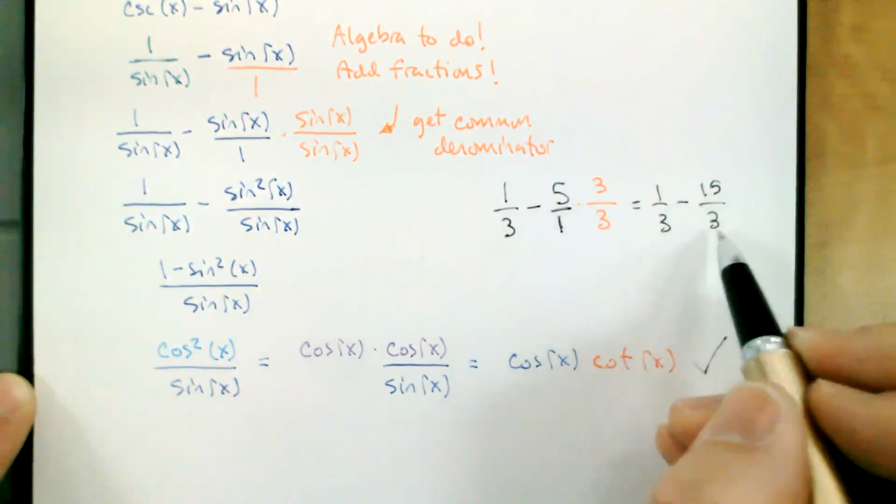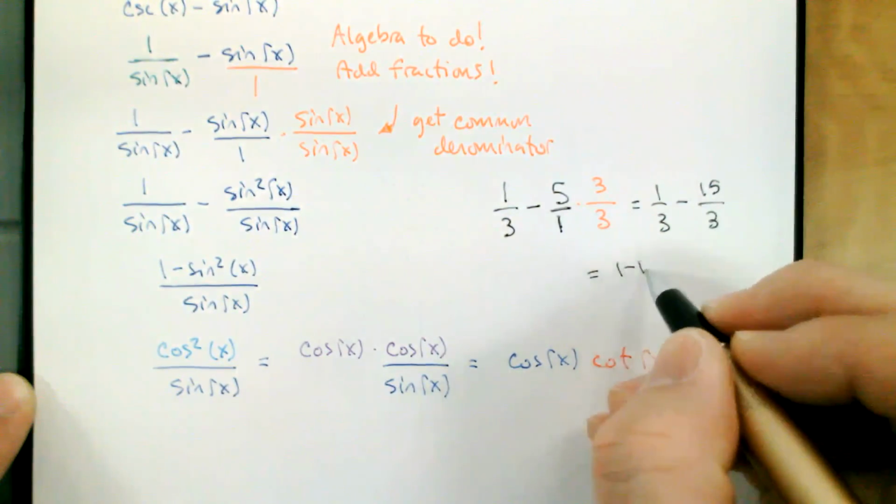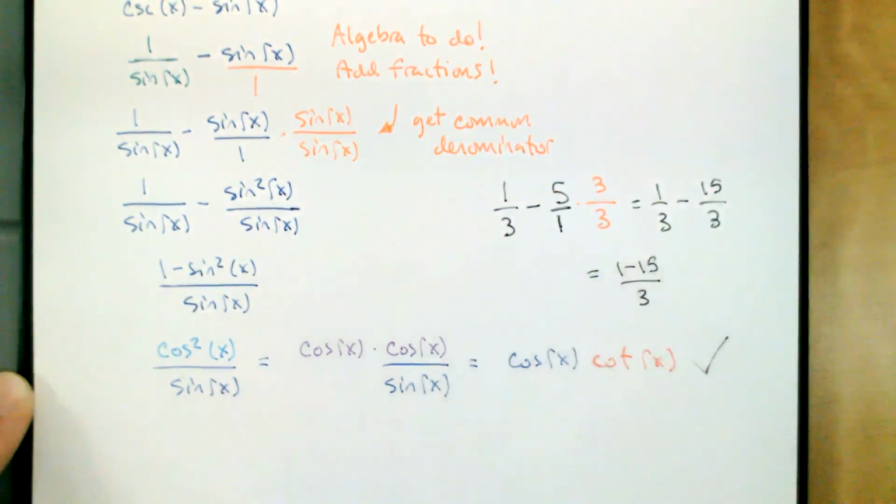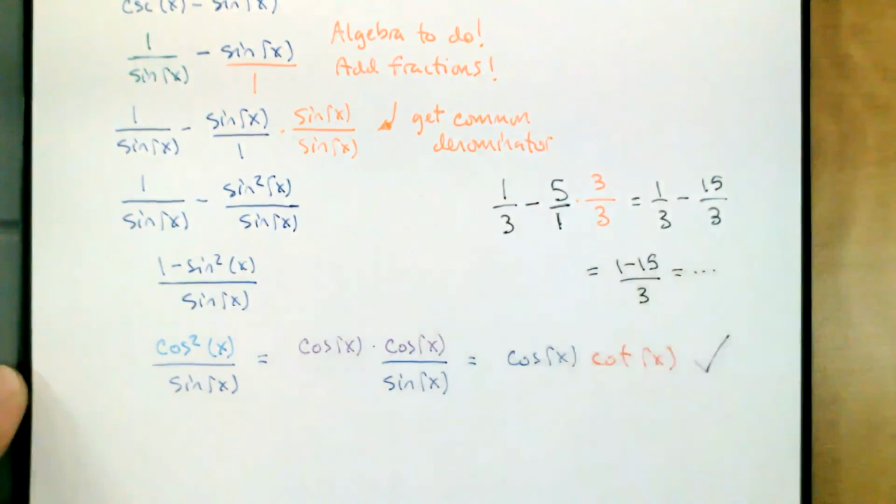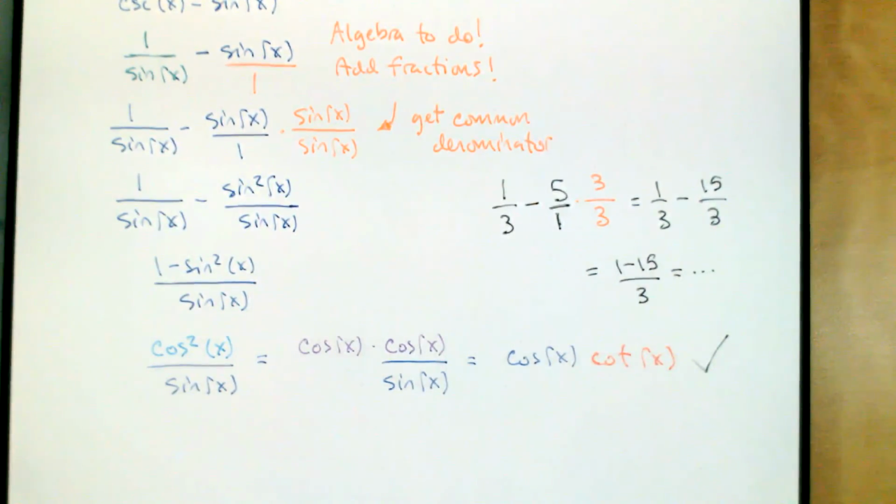And now that they have the same denominator, we can add them. So in this case, the denominator was sine x in the first fraction and 1 in the second fraction. So my common denominator was sine x. So I multiply by sine x over sine x to get a common denominator.